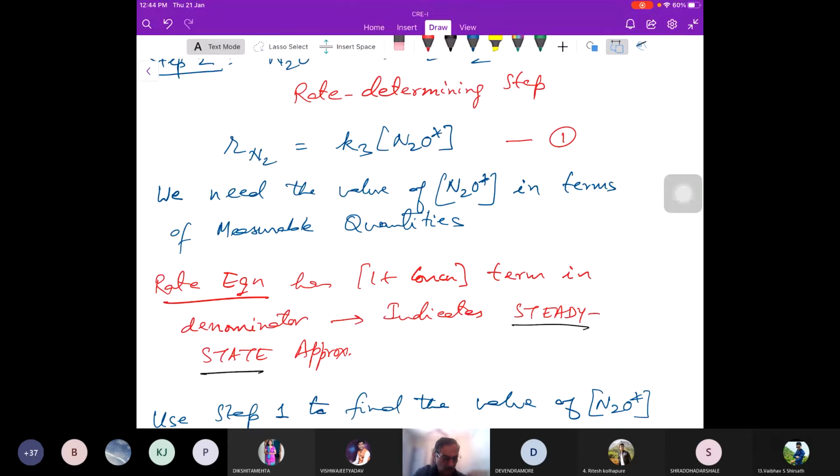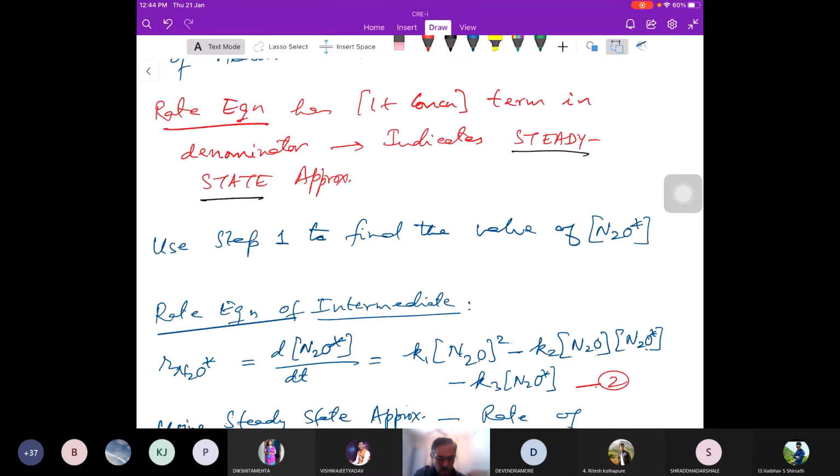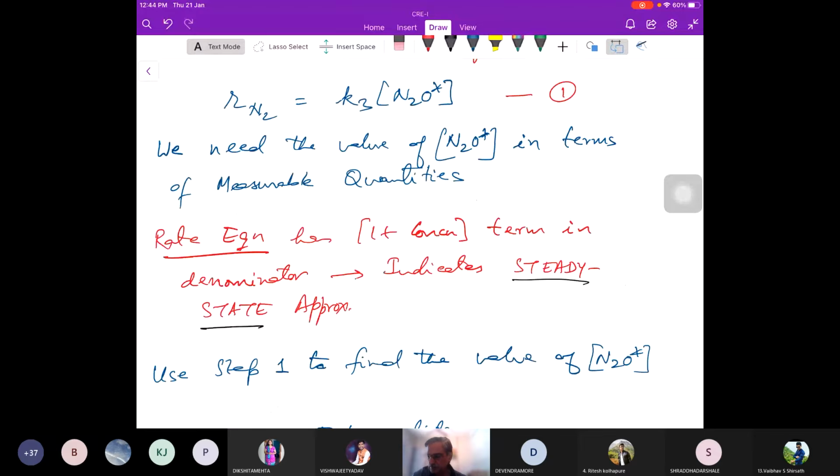Right? Now how do we actually determine steady state approximation? At steady state, what do you mean by steady state approximation? When you say steady state approximation, मतलब क्या उसका? dx by dt equals to 0.